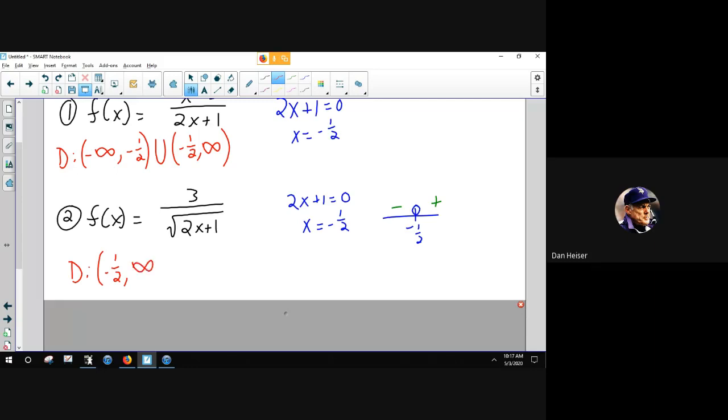No upper limit. Negative 1/2 to infinity. It is not a bracket because negative 1/2 works for the square root, but it does not work in the denominator. It makes the denominator 0. That's why it gets a parenthesis.